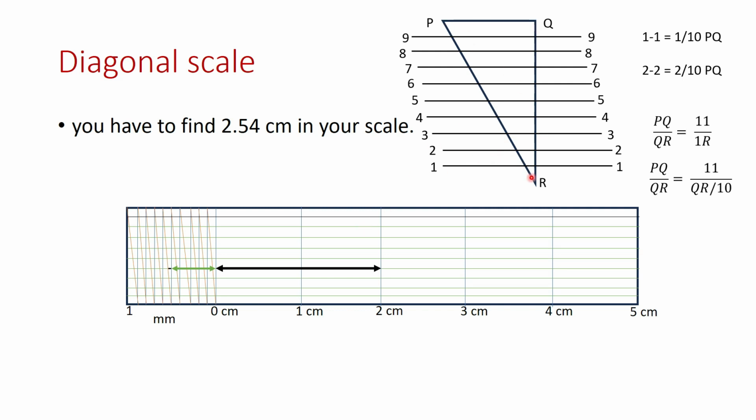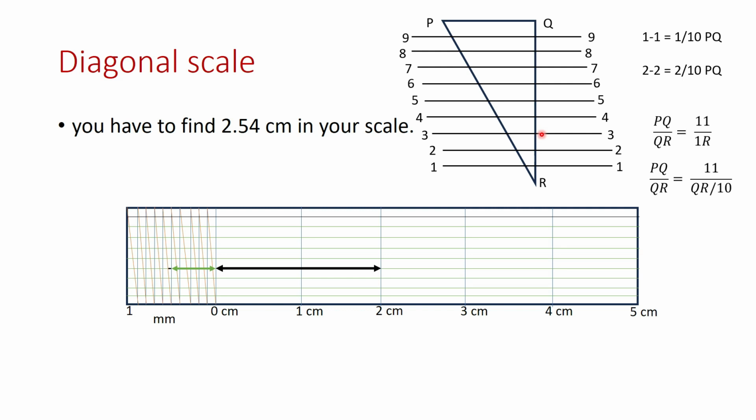Now this distance 1 will be 1/10 of PQ. This PQ is 0.1 centimeter. So this 1 will be 0.1 divided by 10 centimeter, that is 0.01 centimeter. Similarly, this 2 will be 2/10 of PQ, 0.2 divided by 10, so 0.02 centimeter.